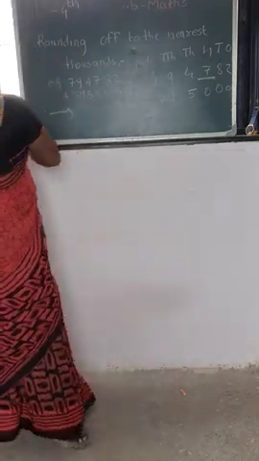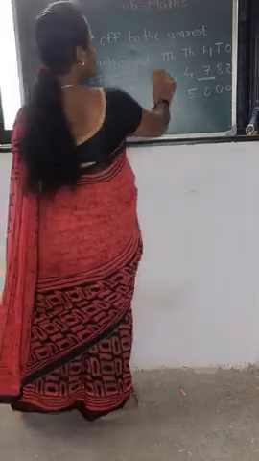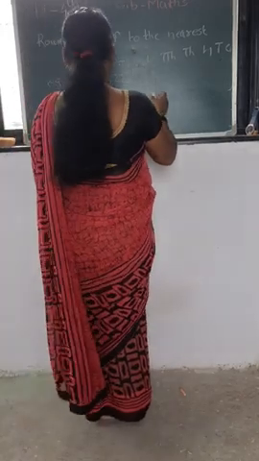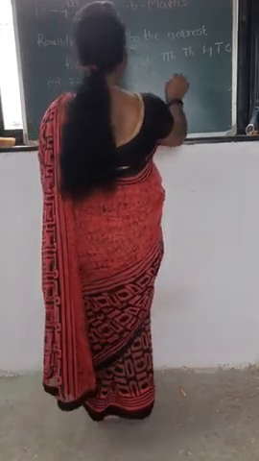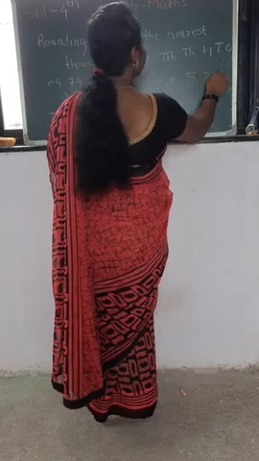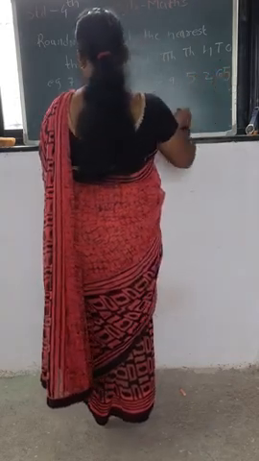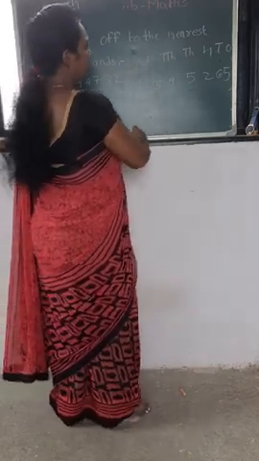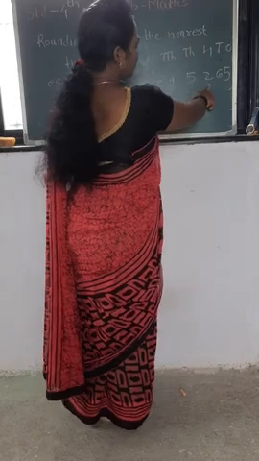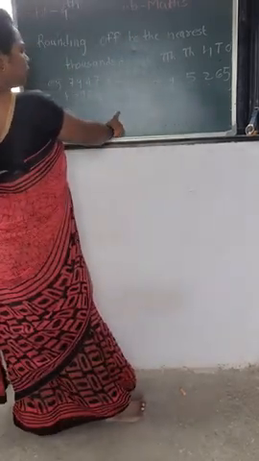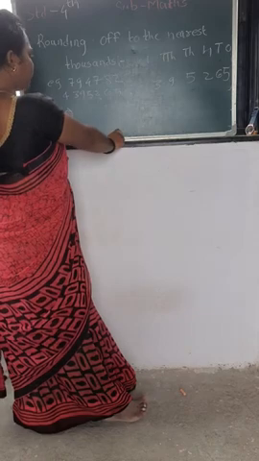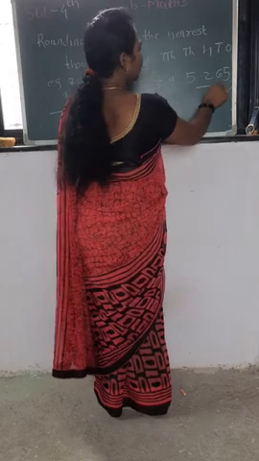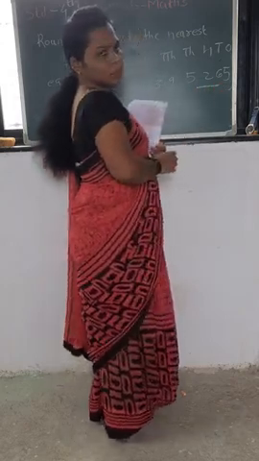Then we have the second number, 395265. Examine the hundreds place digit. The digit in the hundreds place is 2, which is less than 5.